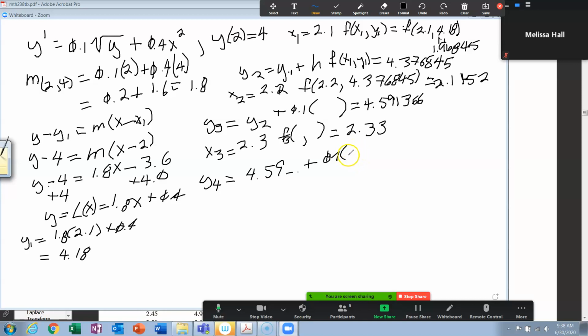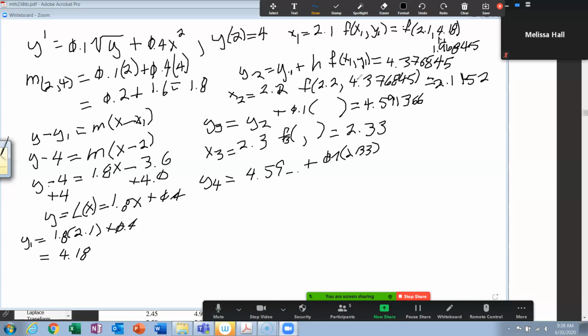And then we put in this new f here, which was the 2.33. There's your new f.